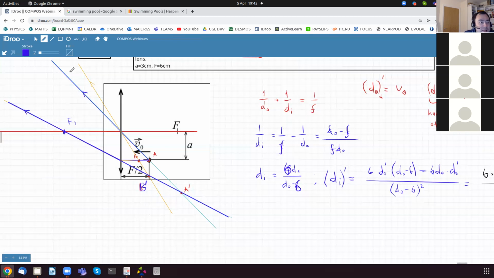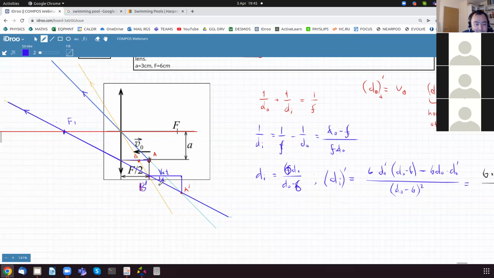If we know that horizontally it has moved this distance in a given time t, and if we were able to find this angle alpha, then this distance is the horizontal speed Vx multiplied by t.